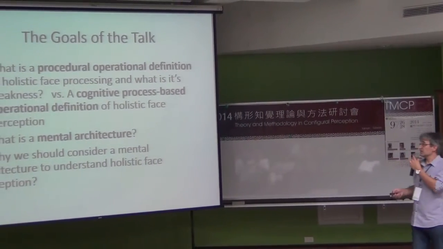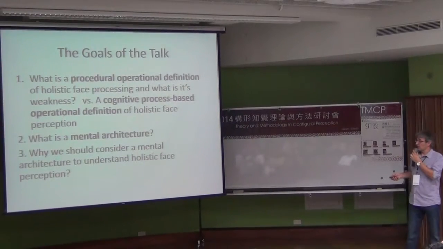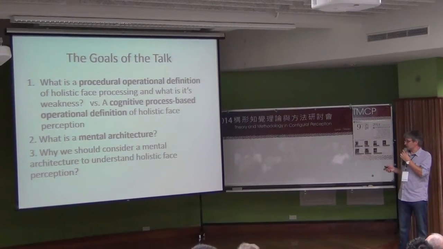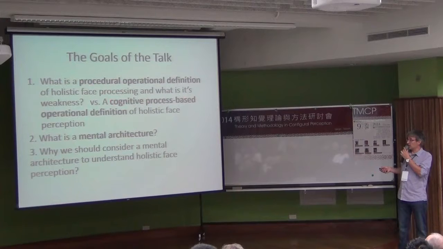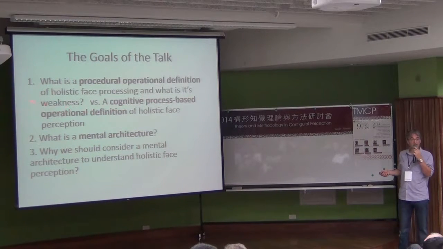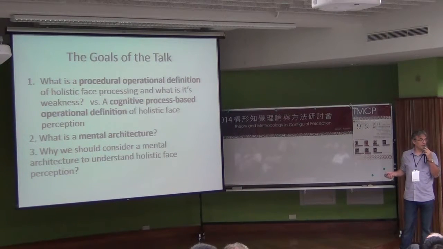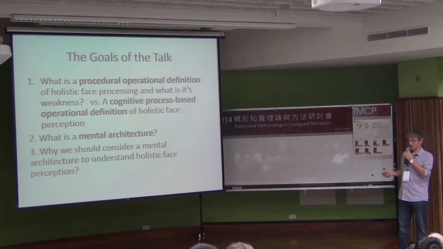Unlike the procedural operational definitions, a cognitive process-based operational definition through the mental architectures revealed quite a different picture than we expected and actually indicated analytic instead of holistic processing.